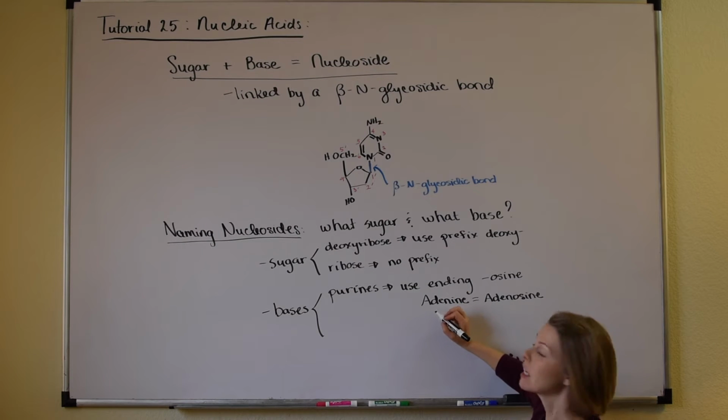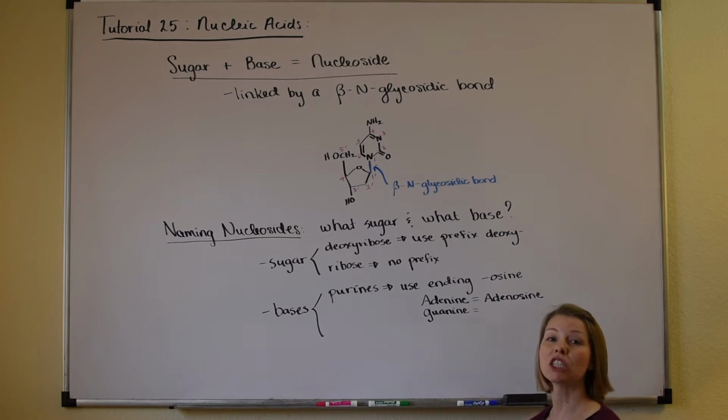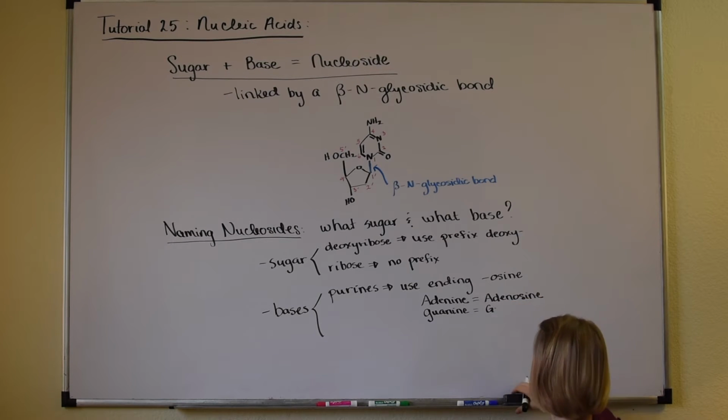The other purine, remember, is guanine. So as a nucleoside, you'll use the ending OSINE, and it will become guanosine.